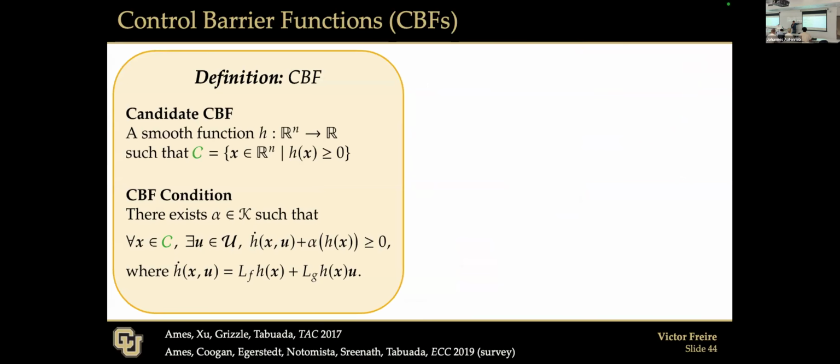I never checked that those functions satisfied the bottom part, which is actually the important part that guarantees feasibility of the optimization problem. I was enforcing this constraint numerically, but I never checked beforehand that that constraint will always be feasible. A CBF does that, so you're guaranteed that.